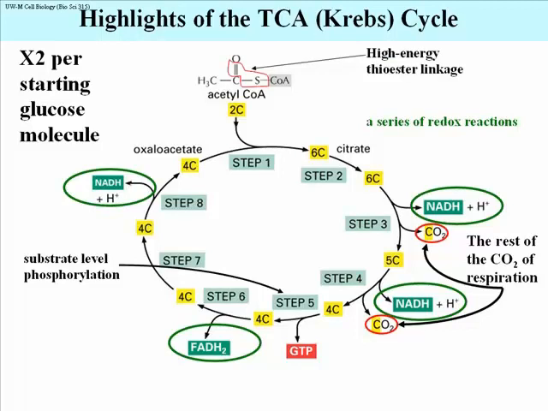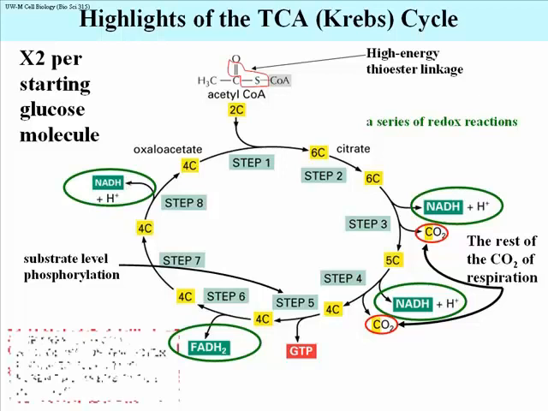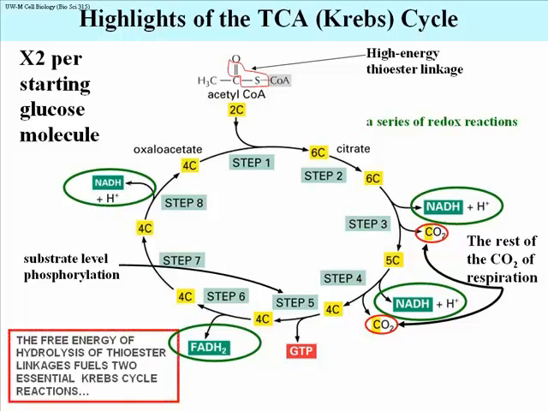There's our thioester linkage on the acetyl coenzyme A, and I want to point out that the free energy of hydrolysis of thioesters figures twice in the mitochondrion in the oxidation of acetyl coenzyme A, once outside the cycle itself, or actually at the beginning of the cycle, in which acetyl coenzyme A condenses with oxaloacetate, a 2-carbon and a 4-carbon compound come together to make the 6-carbon citric acid.